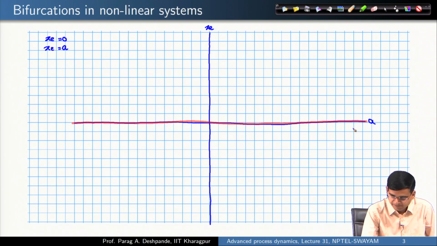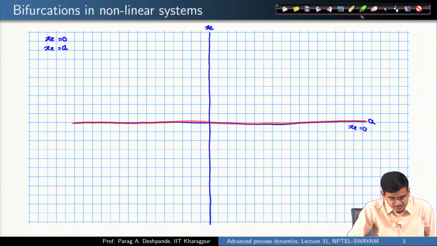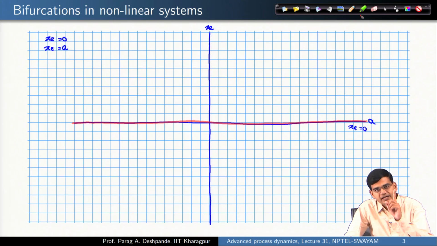So, this is x e is equal to 0, and then the second solution equation is x e is equal to a. Okay. Now, x e is your y axis and a is your x axis. So, this is basically the equation y is equal to x.